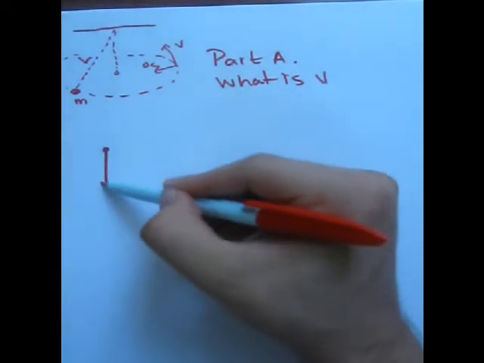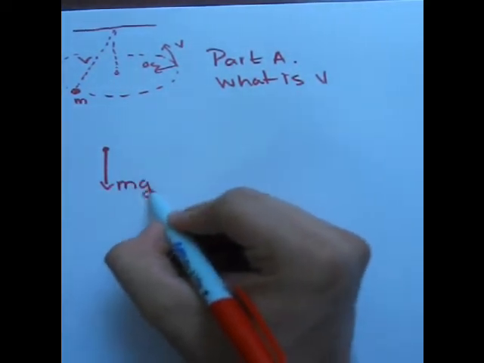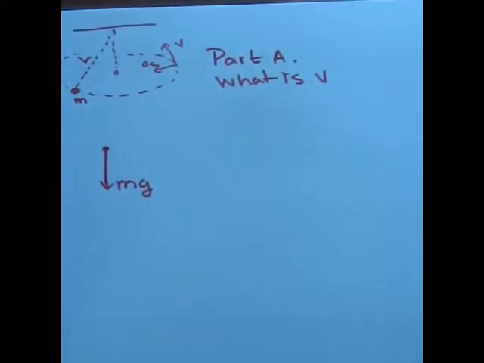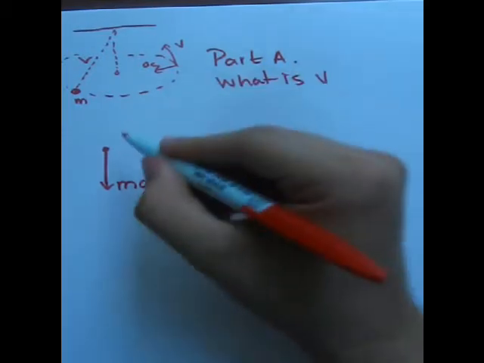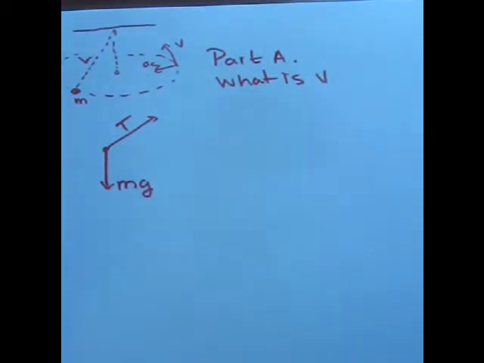The first thing I always draw in my free body diagram is my mg. In this case we don't have a normal force, since the normal force is given by some surface, but the mass is hanging. So we do have another force called tension, which is always the case when we have some rope or cord or something of that nature.